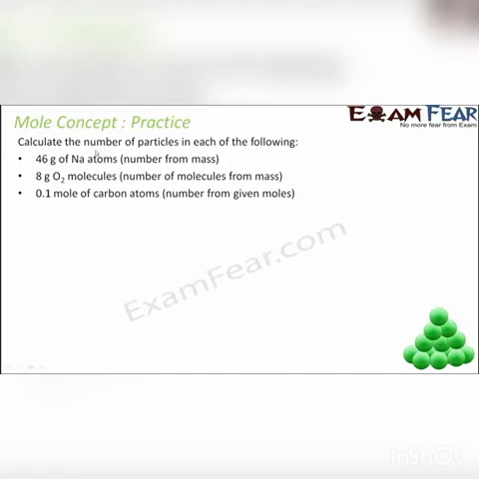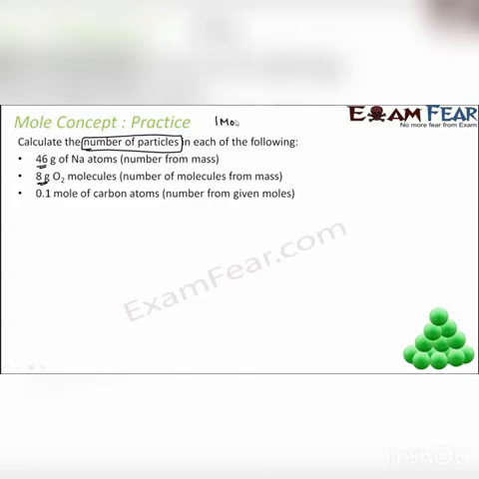Let's take some more examples. Here we have to find the number of particles. In the last example, we found the mass of the whole sample. Here we have to find the number of particles in a given sample. Here the mass in gram is given, mole is given.